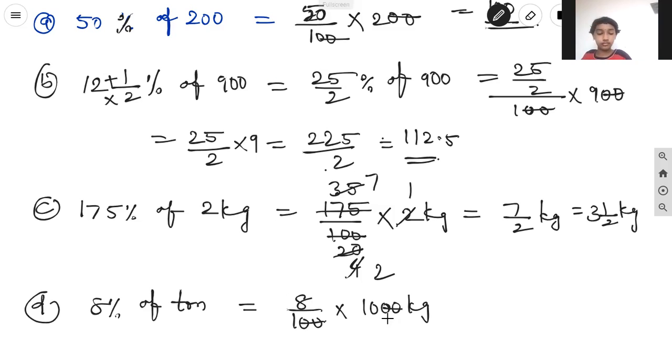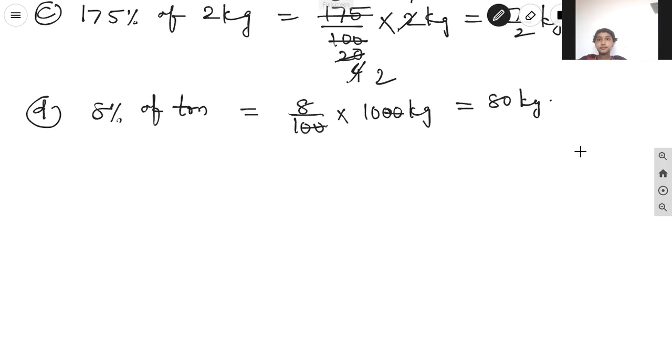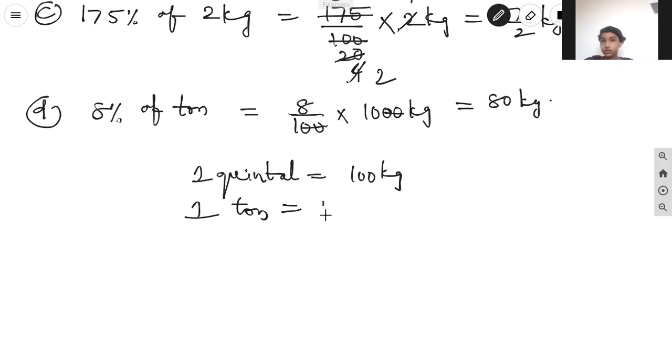Two zeros get cancelled. It is equal to 80 kgs. Okay. 1 quintal equal to 100 kgs. 1 ton equal to 1000 kgs. Here 1 quintal equal to 100 kgs. 1 ton equal to 1000 kgs.